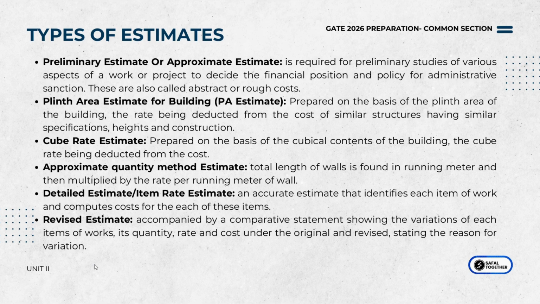This is very essential if you want to tender or if you need some technical approvals. Your detailed estimates or item rate estimates are very necessary, and it also makes project management much easier.